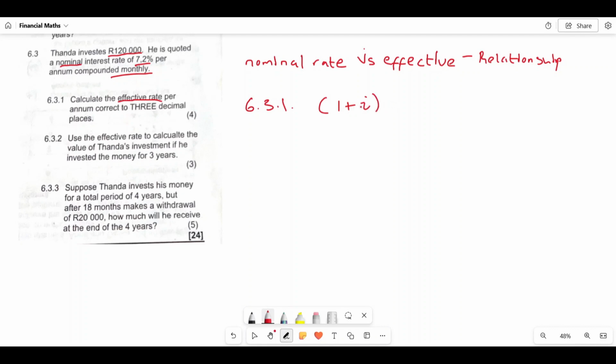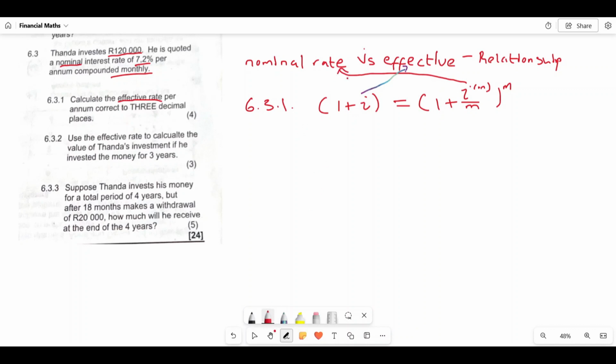You just take this one to represent the effective rate, and then you equate this to 1 plus what I normally write as i to the m, divided by m, to the power m. So this one here is the nominal rate, and this one is the effective rate.